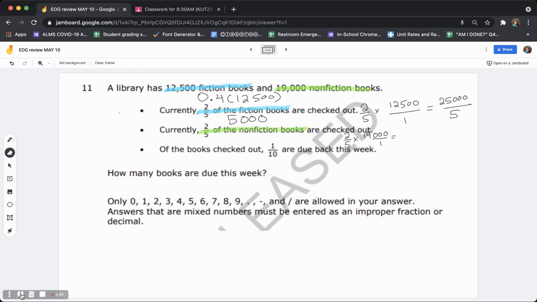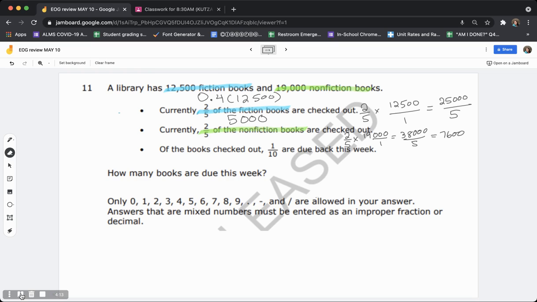And 19,000 times 2 would give us 38,000 over 5. And if we simplify that, 38,000 divided by 5 would give us 7,600. So there are 5,000 fiction books checked out and 7,600 nonfiction books checked out.